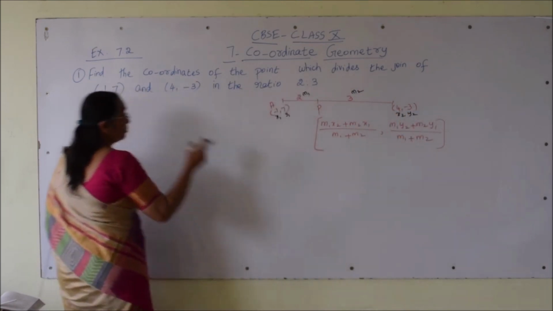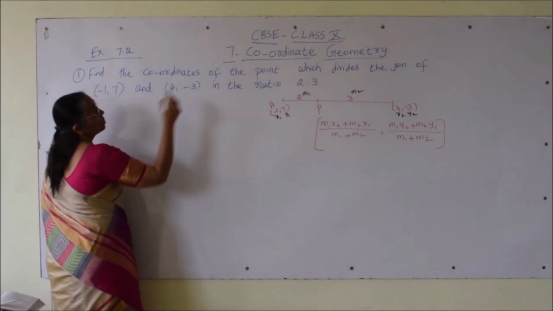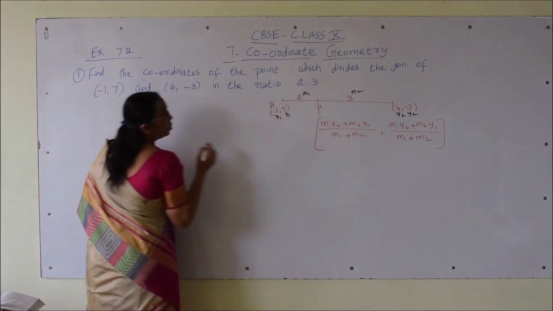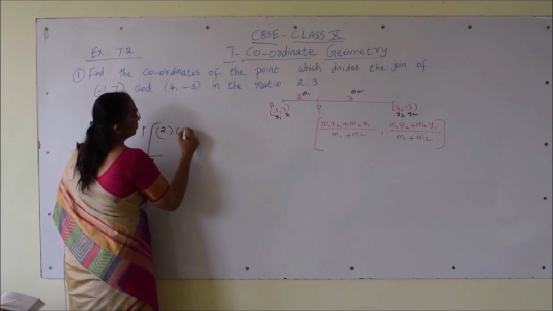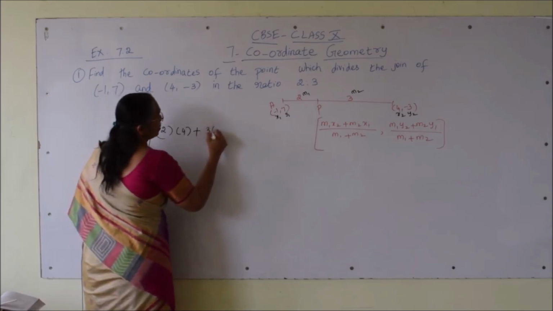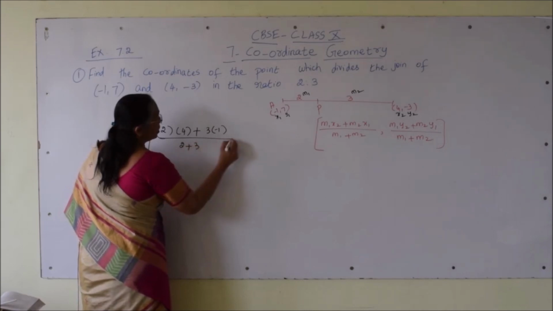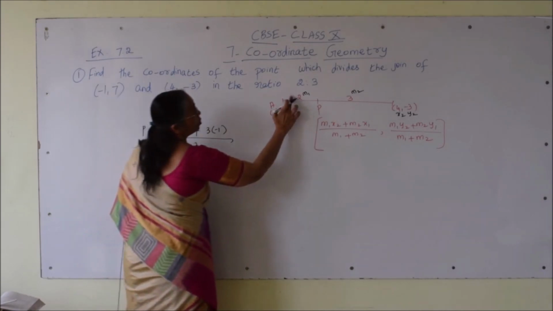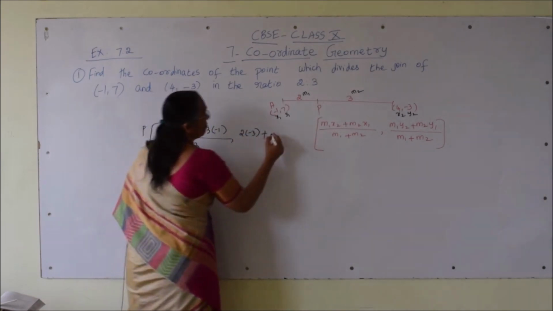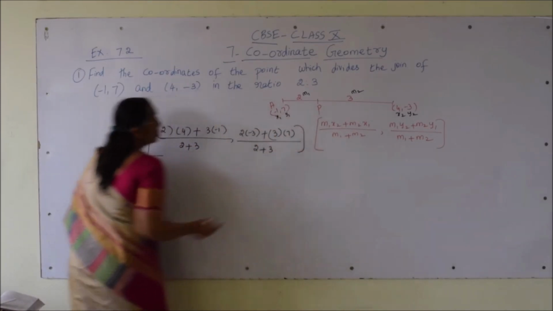Now, substituting in the formula, the coordinates of the point P are nothing but m1 x2, 2 into 4, plus m2 x1, 3 into minus 1, divided by m1 plus m2, 2 plus 3, comma, m1 y2, 2 into minus 3, plus m2 y1, 3 times 7, divided by m1 plus m2, 2 plus 3.